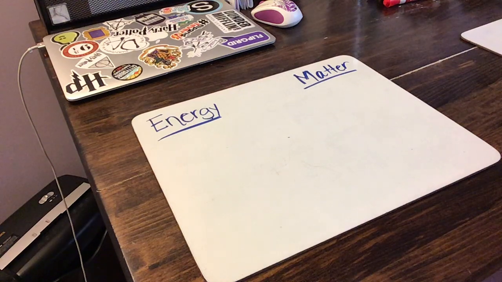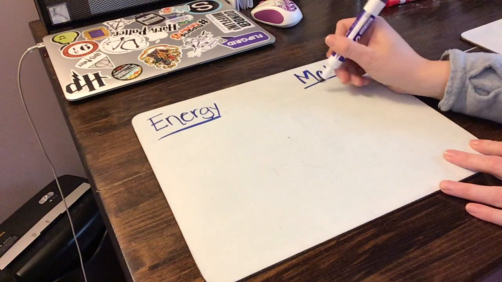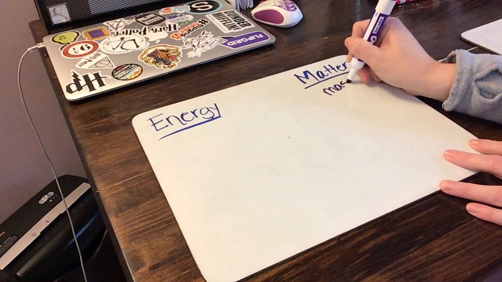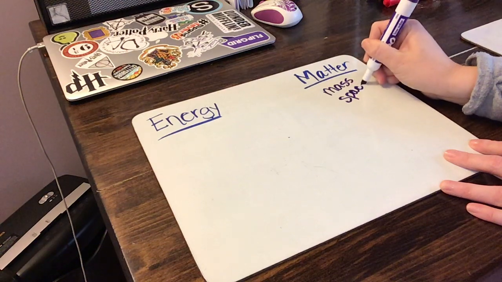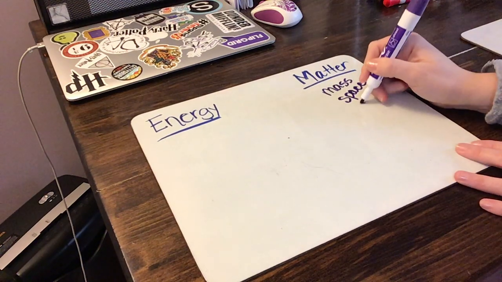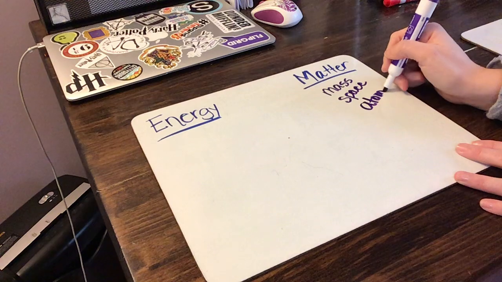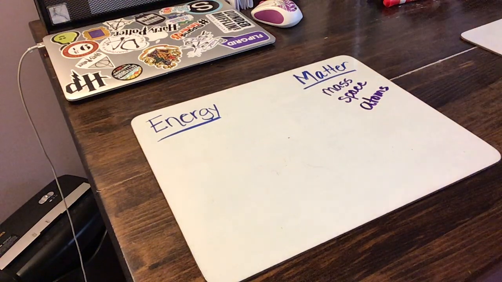So remember that matter is anything that has mass, okay, and it has to take up space. And usually we say something has matter when it has atoms. So if it's made up of atoms, has mass, takes up space, that's what we call matter, okay?